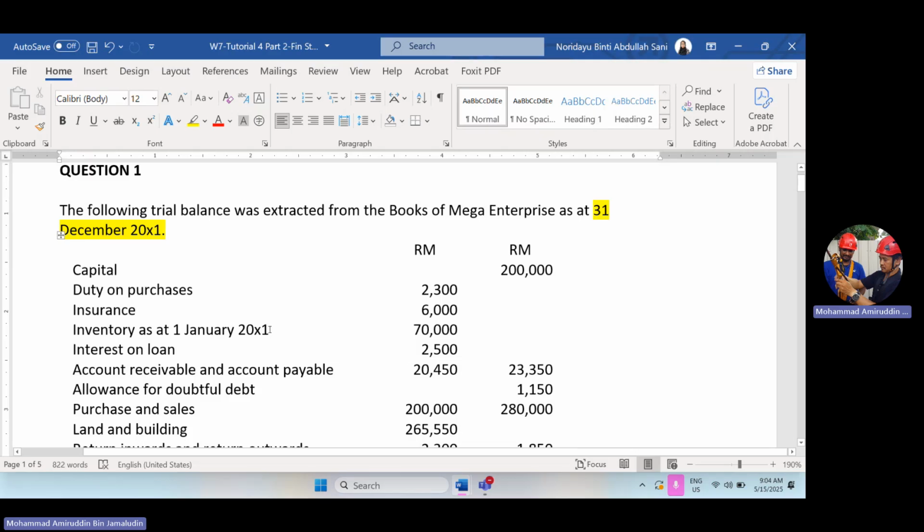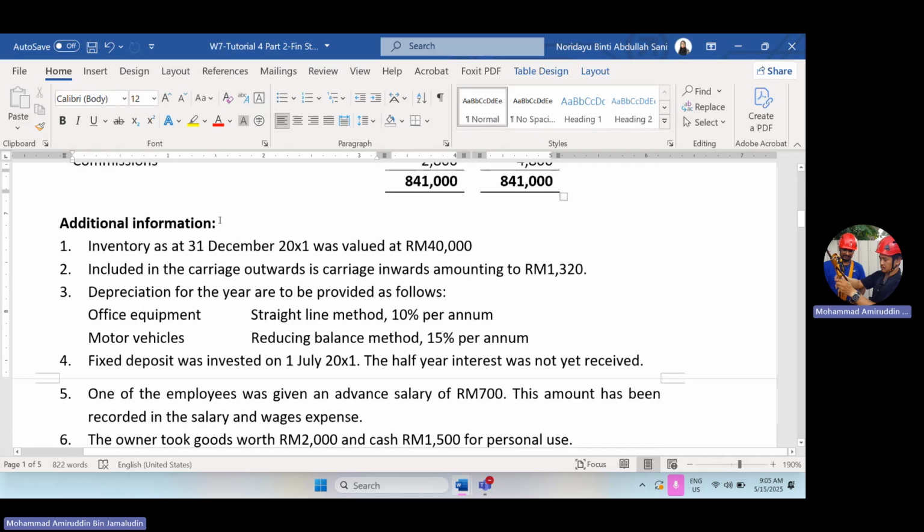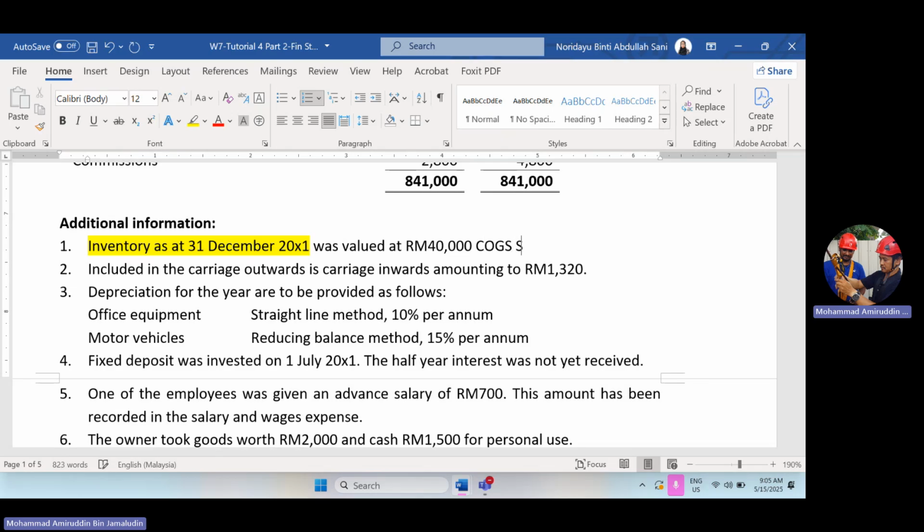And for this one, when we have this inventory as at 1st January 20x1, we may conclude this is your opening inventory. So definitely you need your closing inventory, and usually it will be inside your additional information. So this 40,000 later on we will send to COGS, which is charged to your SOPL, as well as our SOFP as our closing inventory and current assets.